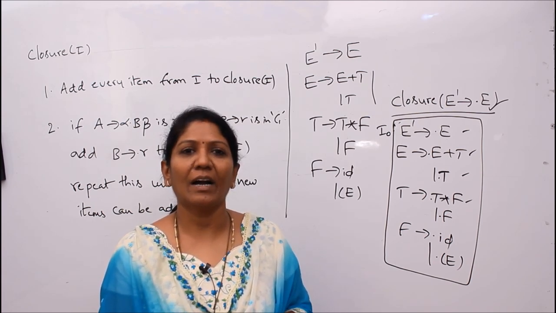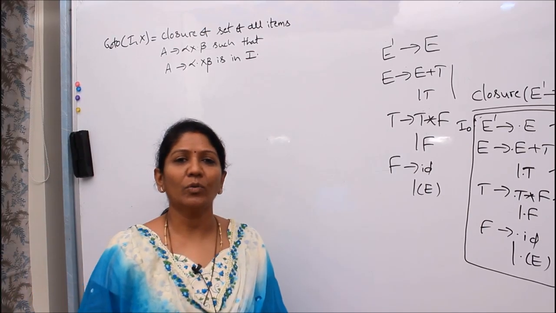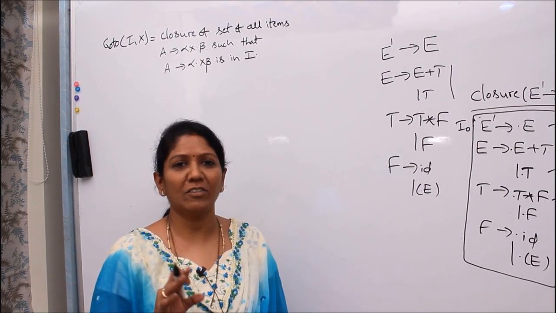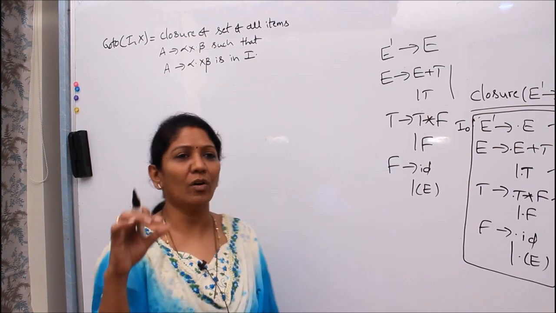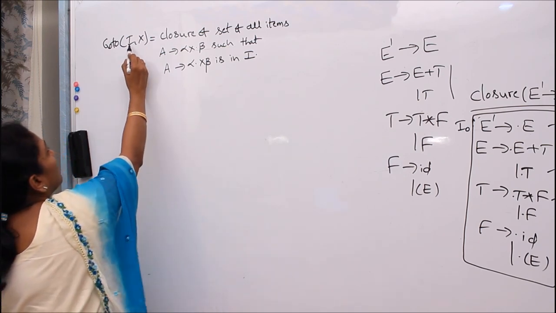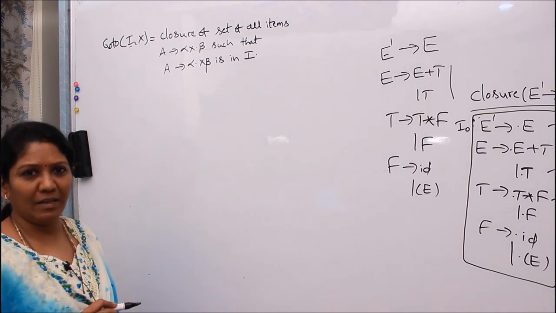Now let us look at other important function, that is goto. Coming to goto, it takes two arguments, I and x. I is nothing but set of items, x is a grammar symbol. So basically goto of I comma x defines what is the transition in set of items I on seeing a grammar symbol x.